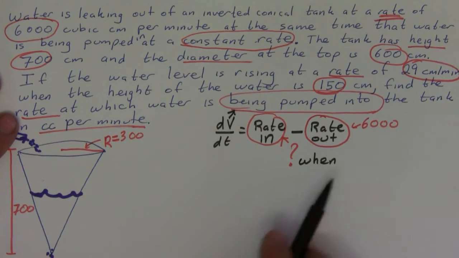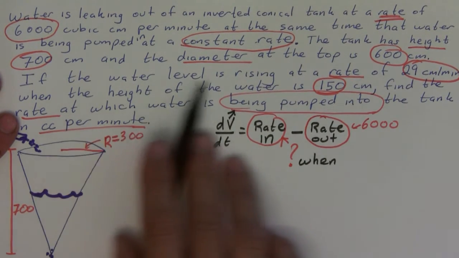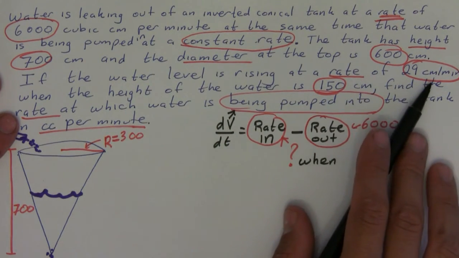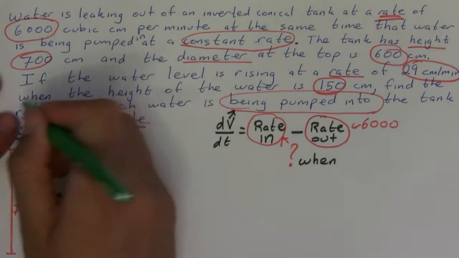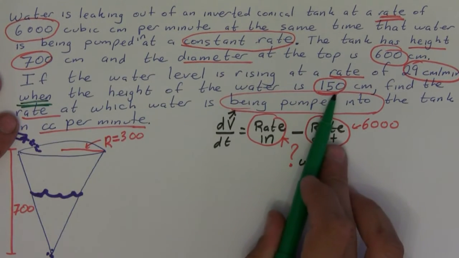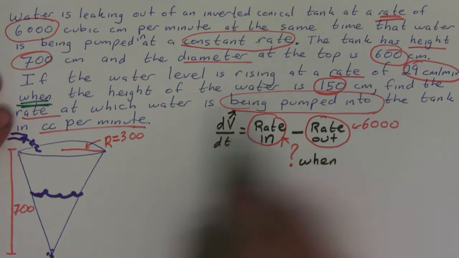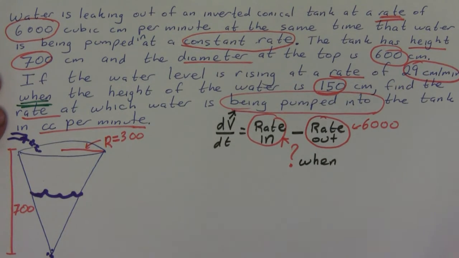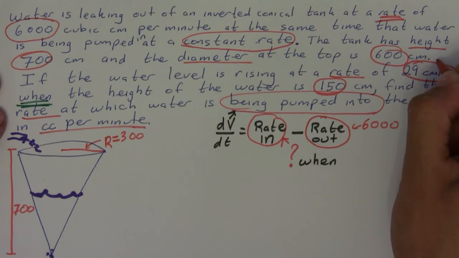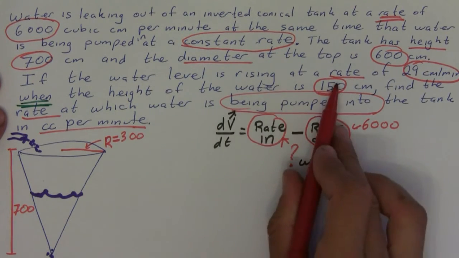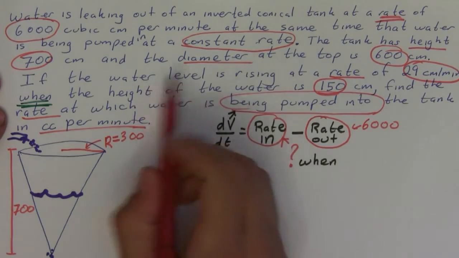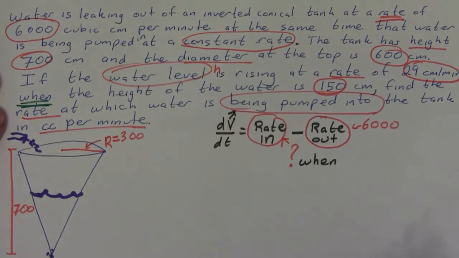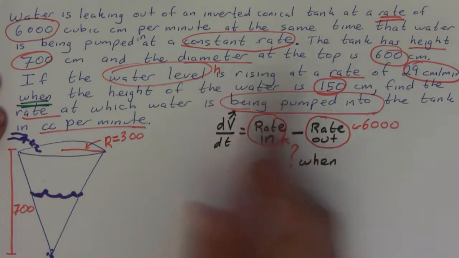And that particular point in time is given right here. It's saying that the water level is rising at a rate of 29 centimeters per minute, key word here, when the height of the water is 150 centimeters, find the rate. So this is the point in time that we're looking for. Here 29 centimeters per minute is the rate of the water level. So let's call the water level H, because it's basically the height of the water.